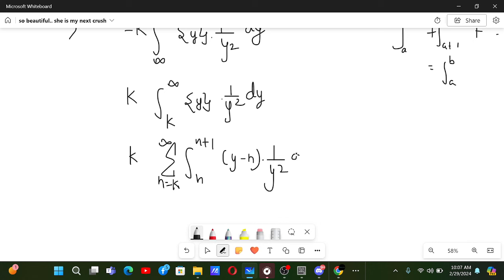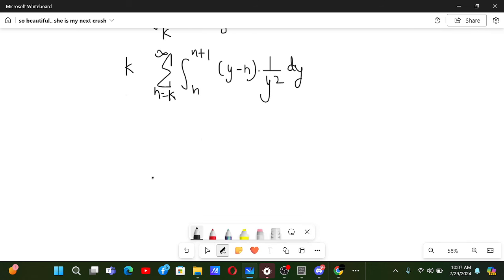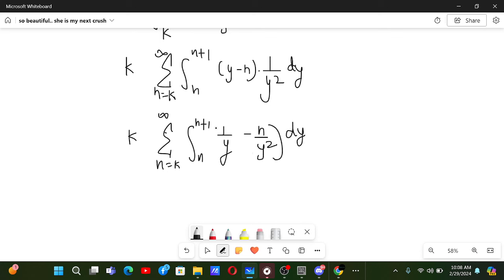Now this can be easily integrated, and that is the benefit. So we have k times the sum from n equals k to infinity, and the integral from n to n plus 1 of 1 by y minus n by y squared dy.